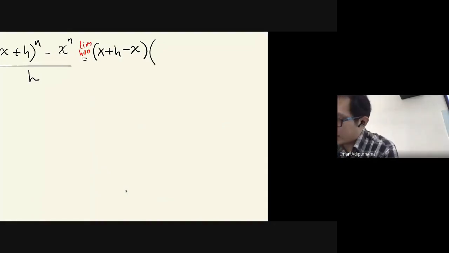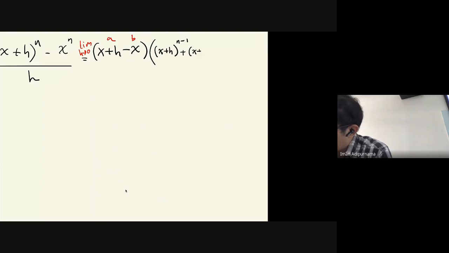So this is A, this is B, so we write (x plus h) to the n minus 1, right? And then plus (x plus h) to the n minus 2 and then x, right?